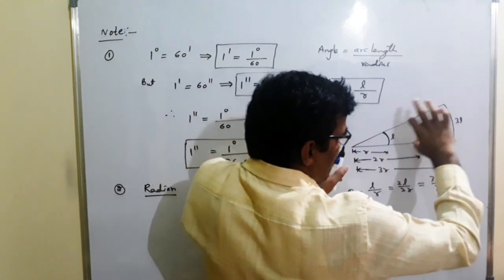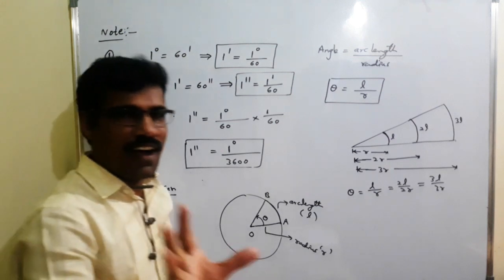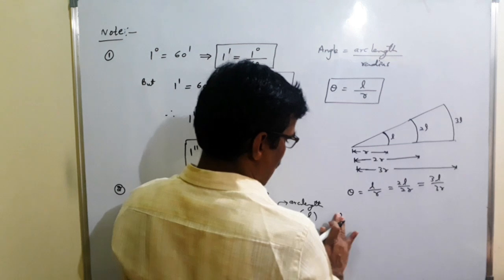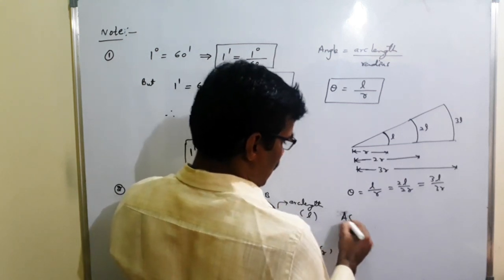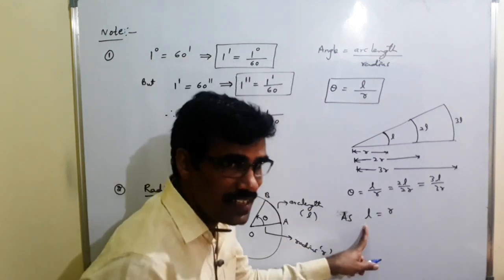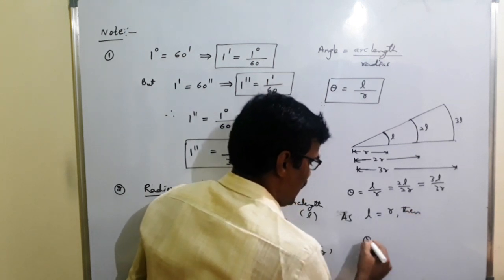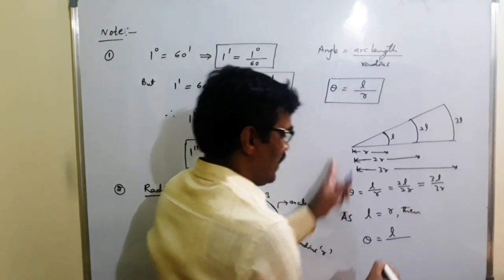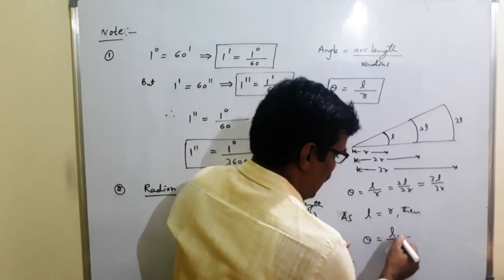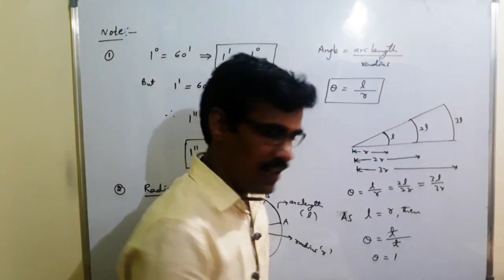So as the radius increases, arc length also increases. Now, as a continuation, if arc length L is equal to the radius r, then theta is equal to L by R. R is nothing but L, so L cancels. Theta equals 1 degree or 1 radian?